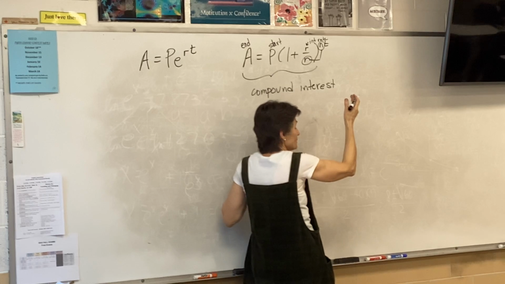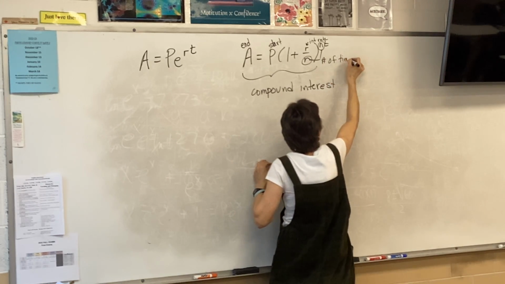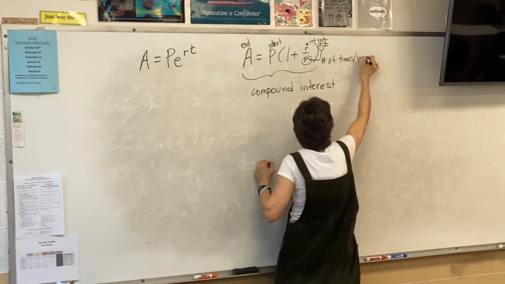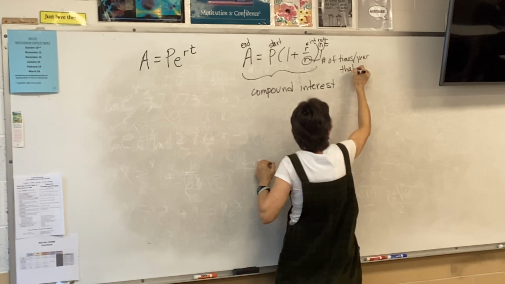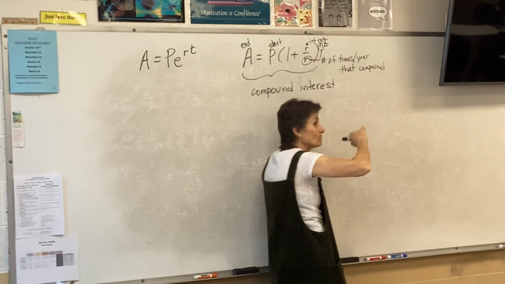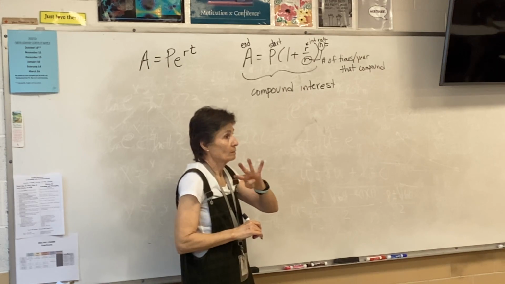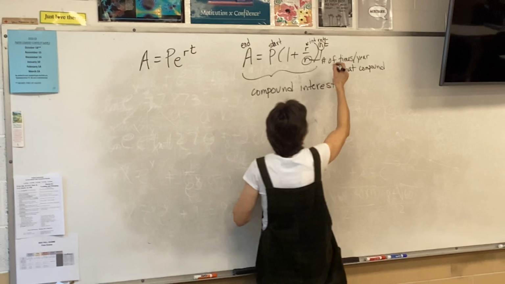They're the same number. That is the number of times per year that you compound. So in our problem, since we're compounding quarterly, N will be 4. And then T is the number of years.